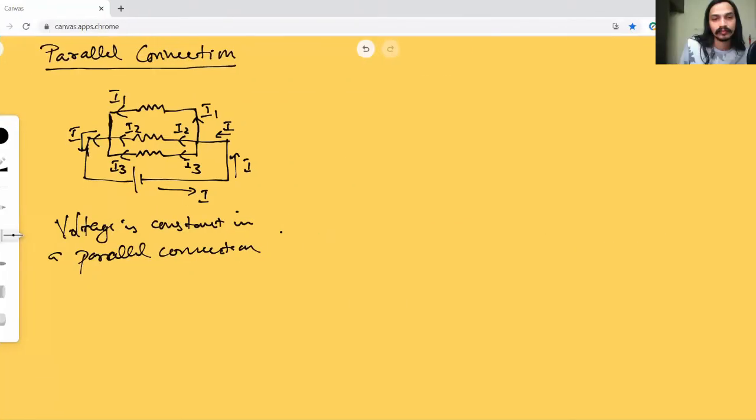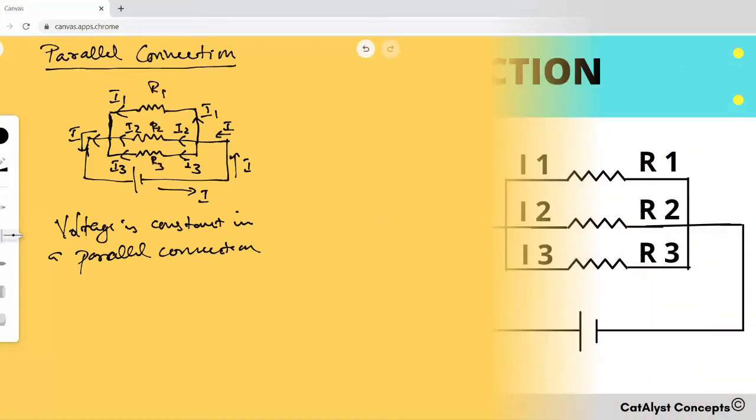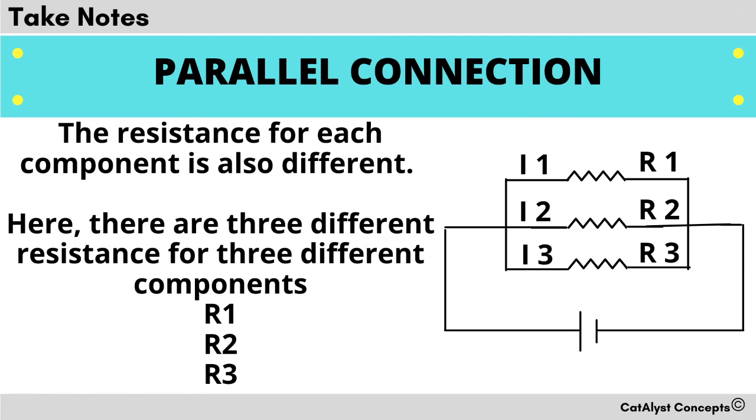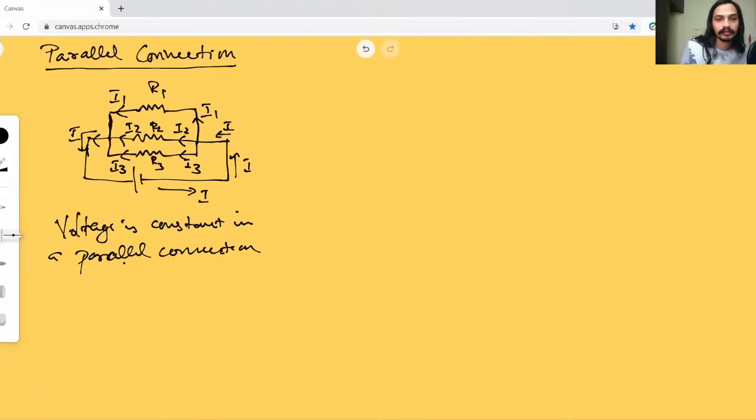Now assume that these resistances are R1, R2, R3. We know our basic formula V equals IR.